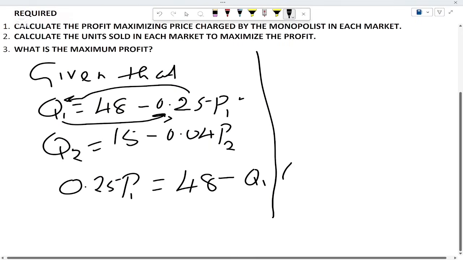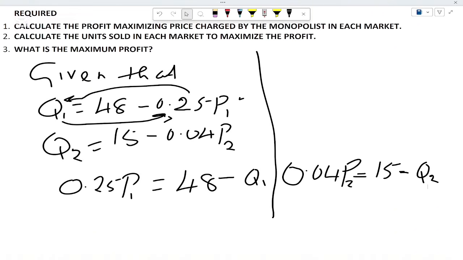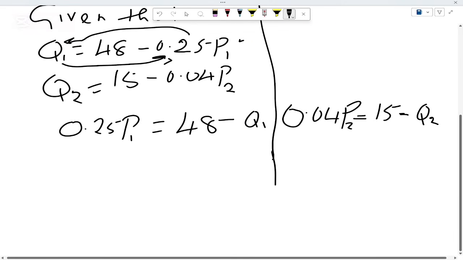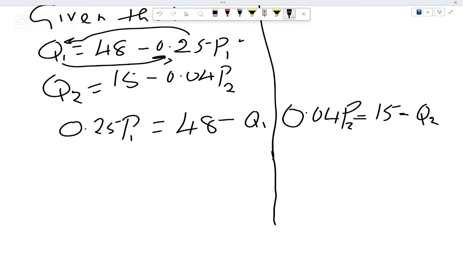You have 0.04 P2 equal to 15 minus Q2. Whatever you do to the left hand side, you try to do to the right hand side. So let's just put them on two different sides.